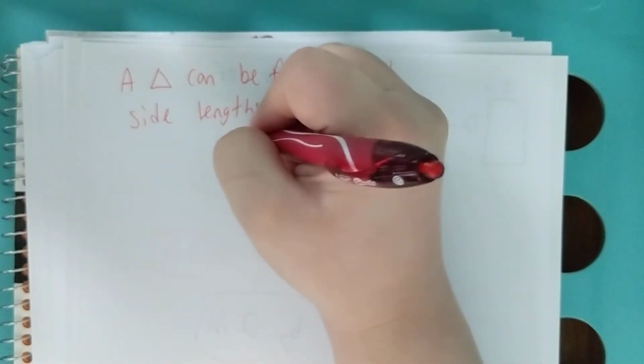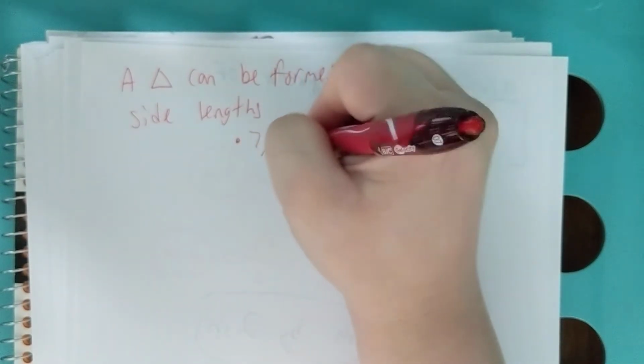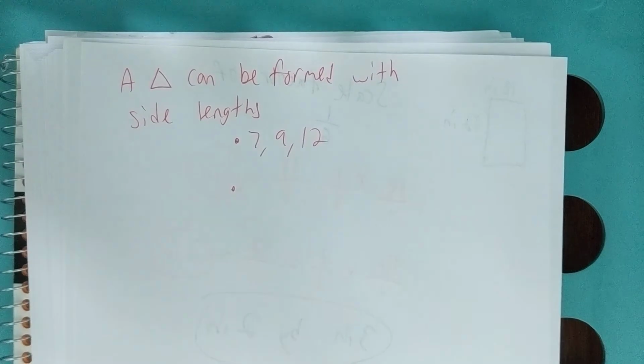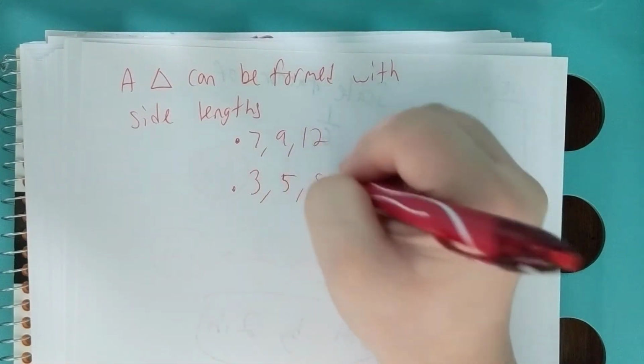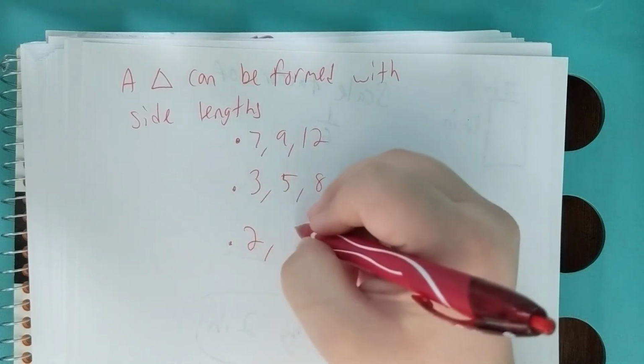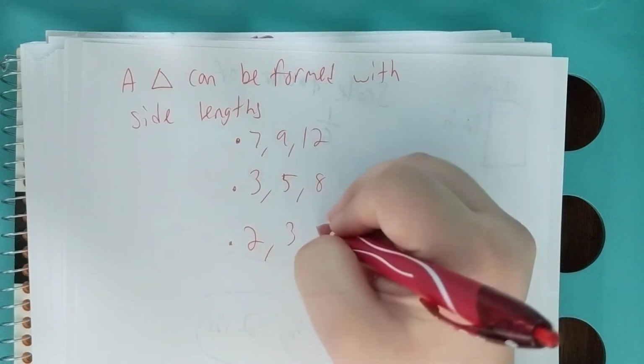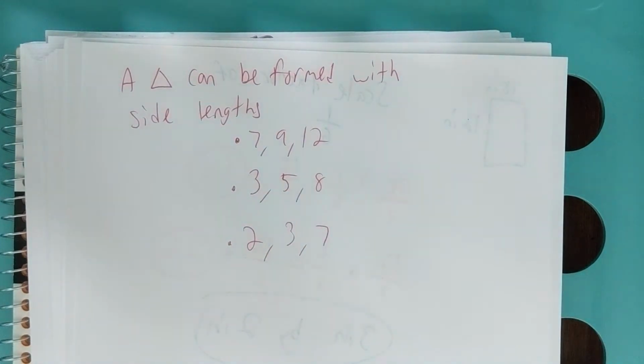And I'll give a few examples. So 7, 9, 12, 3, 5, 8, 2, 3, 7. Okay, so when we're doing these, we are going to use the triangle side length rule.